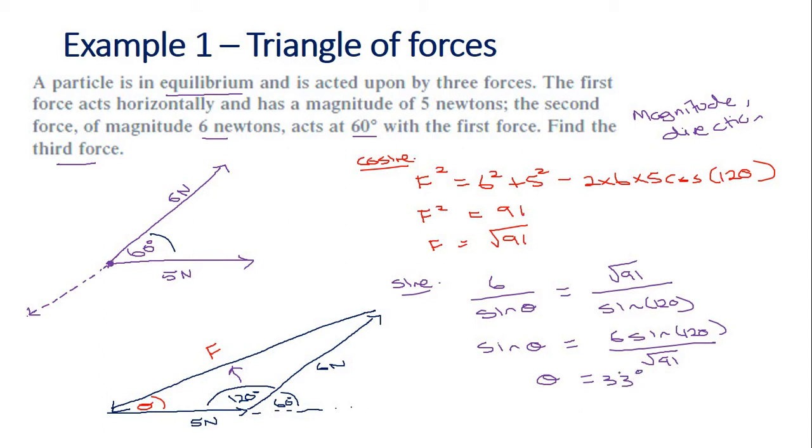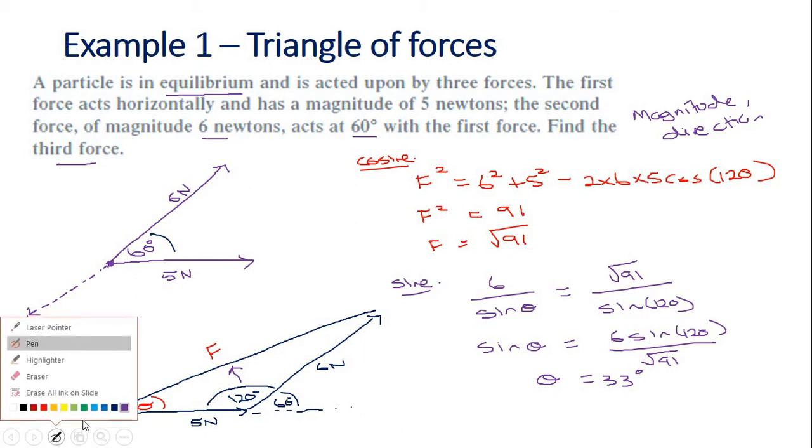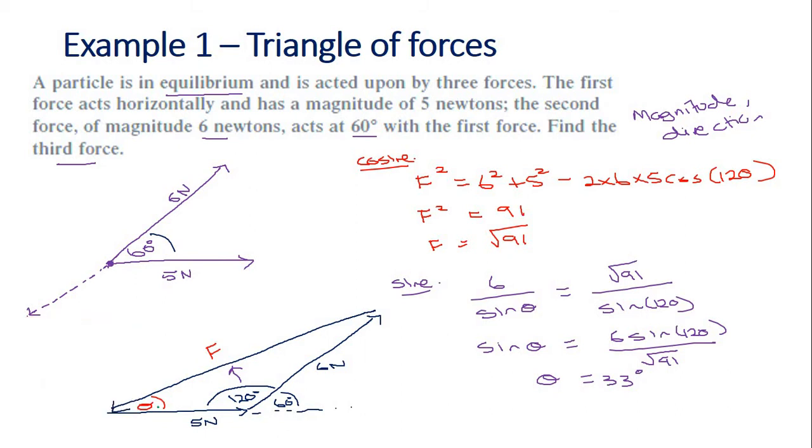But how do we describe this? We can describe the magnitude, square root of 91, easily enough. What does this force mean in terms of the others? So this force acting downwards, we can see where this force along here correlates to that one there.